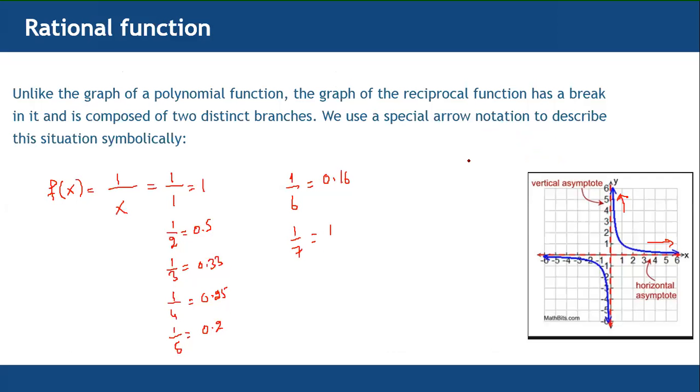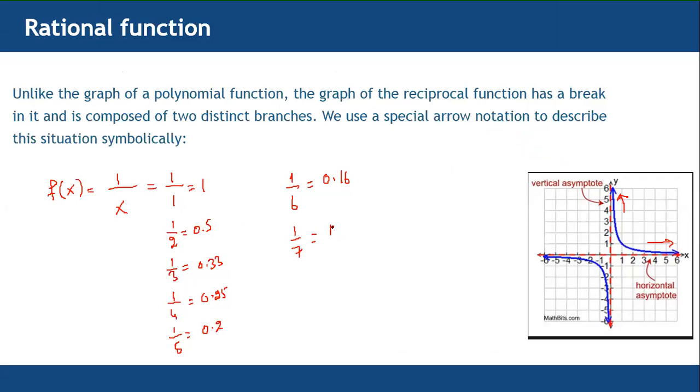Okay, we were discussing the asymptotes. What are asymptotes? We have the equation 1 over x, giving values 1, 2, 3, 4, 5, 6, and 7.